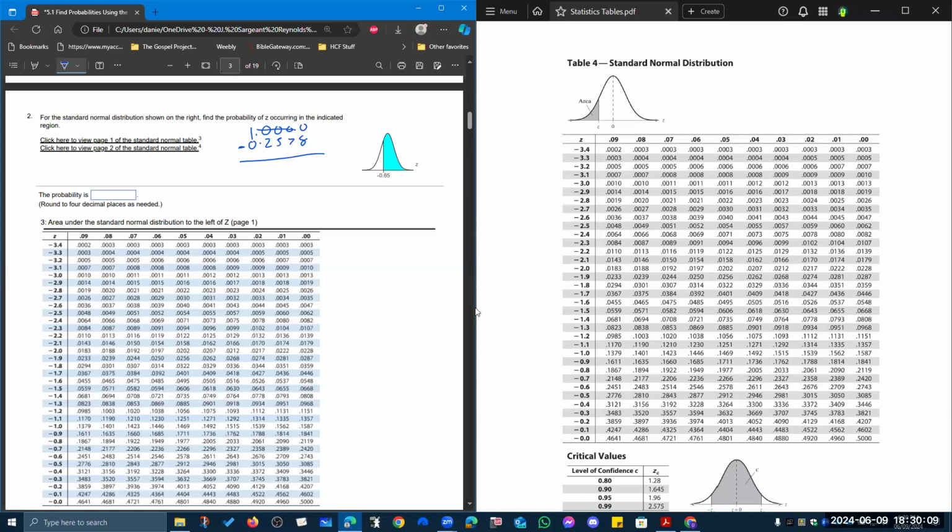Let's borrow here. 10 minus 8 is 2. 9 minus 7 is 2. 9 minus 5 is 4. 9 minus 2 is 7. I have 0.7422.